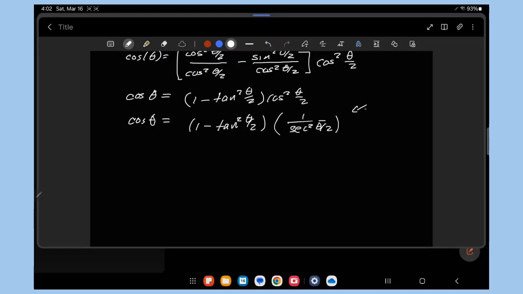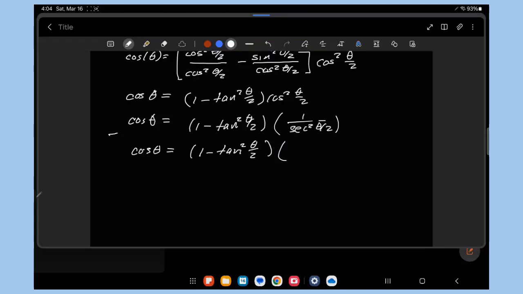Now, let's remember that we have the trig identity sine squared u plus cosine squared u equals 1. And if we divide that by cosine squared u, we would get the identity relating tangent and secant, so the cosine of theta can be written as 1 minus the tangent squared of theta over 2.